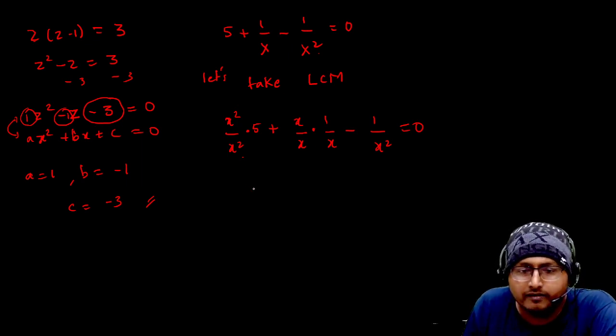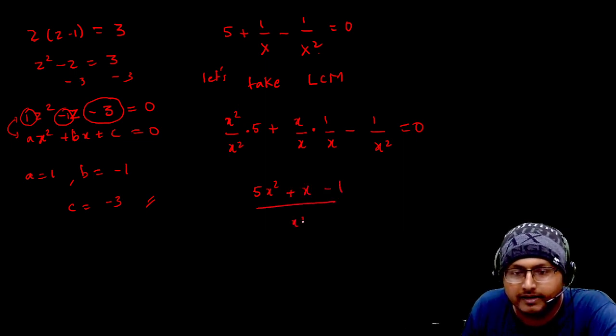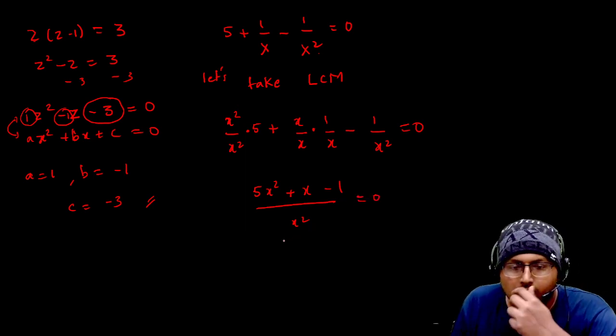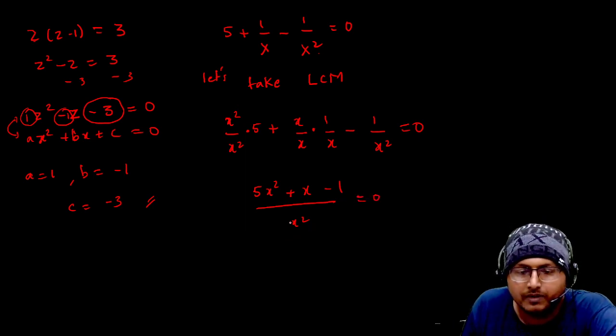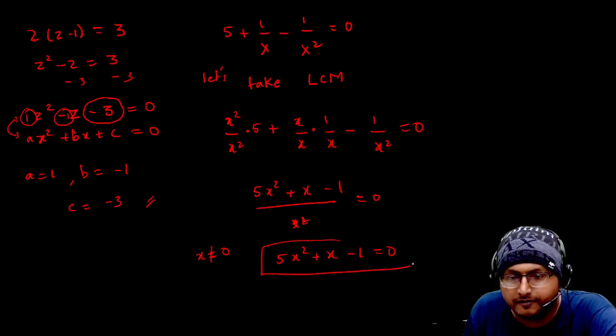Next, what we'll get? 5x square plus x minus 1 by x square equal to 0. So see, we'll assume that x is not equal to 0. Then 5x square plus x minus 1 will become equal to 0.